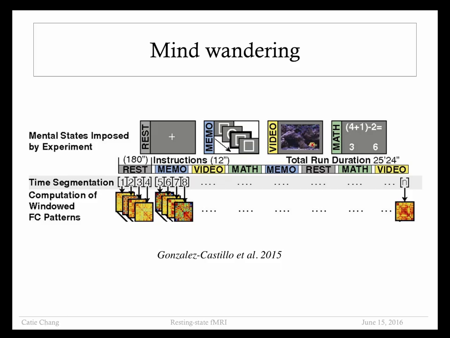So here they did have continuous tasks going on in order to train this model and figure out whether or not you could really see systematic differences in functional connectivity between regions.